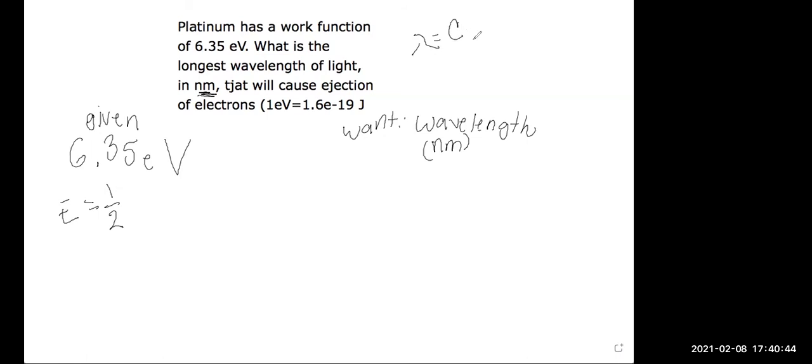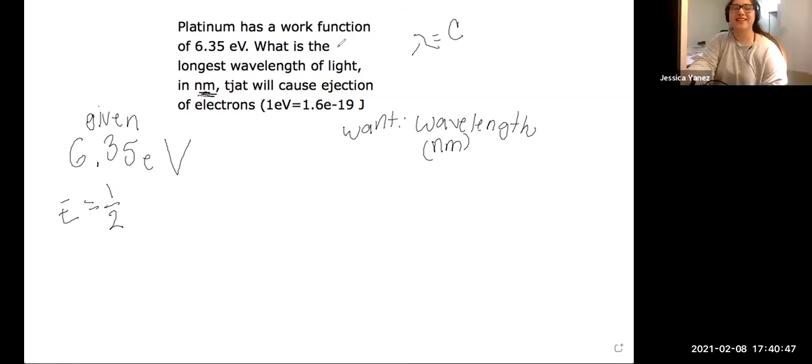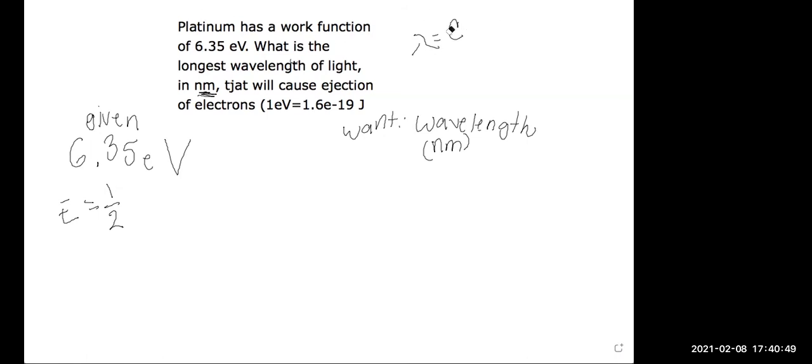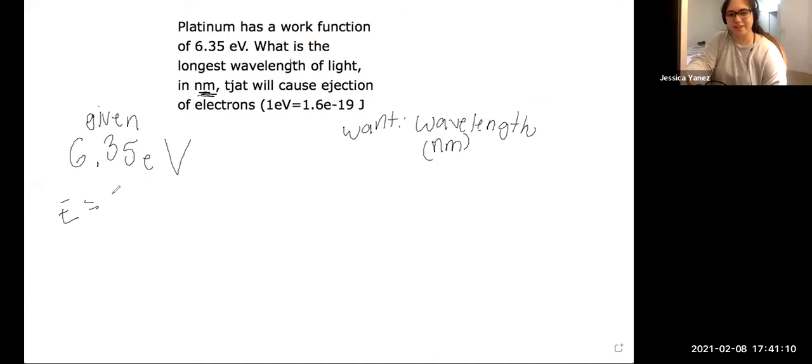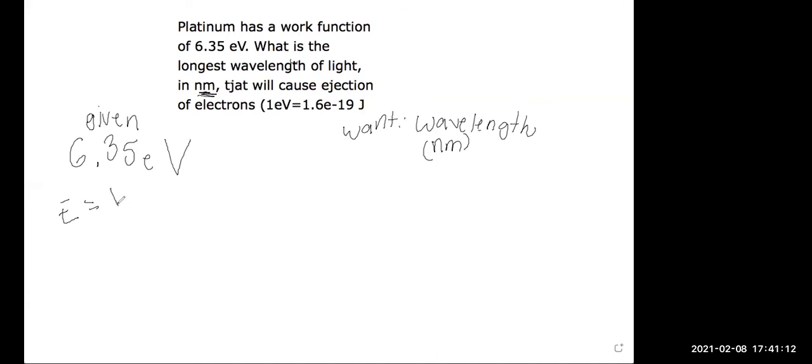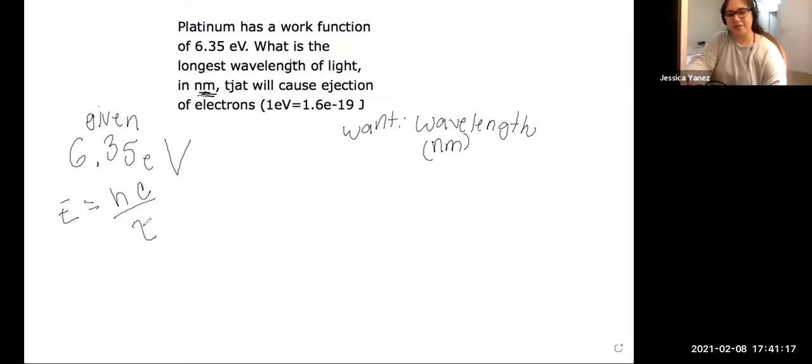Wouldn't it have been E equals h and then c over the wavelength symbol? I don't remember the symbol, but you're on the right track. So h times c over lambda, right?